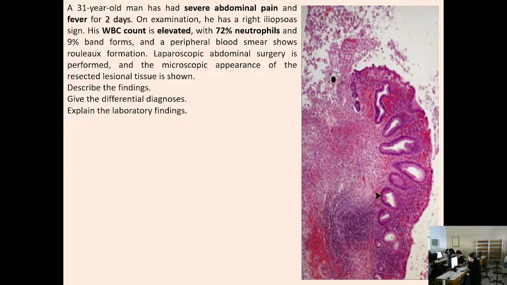And all the inflammatory exudate will go into the peritoneal cavity, and this will be a very life-threatening problem of acute peritonitis. All right? So if you have appendicitis, the solution is immediate surgical excision of the acutely inflamed appendix. And there are some bands. That means this is the left shift.